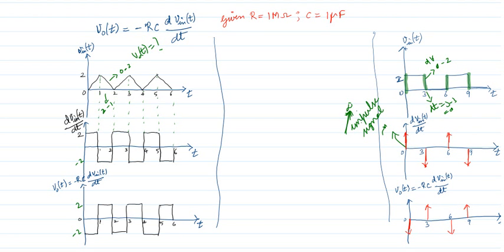Okay, now I will give some assignment problems for you. Please work out these problems. Let the input Vin of t be 3 sine omega t, that is 3 sine 50t. R value is 1 mega ohm.